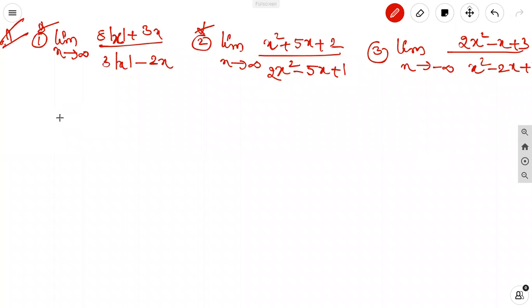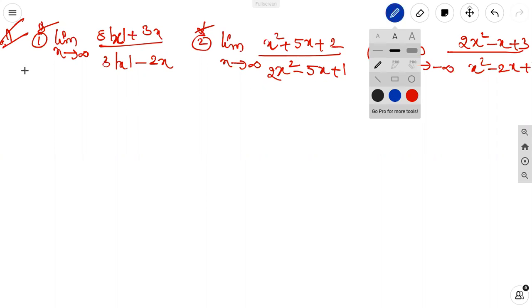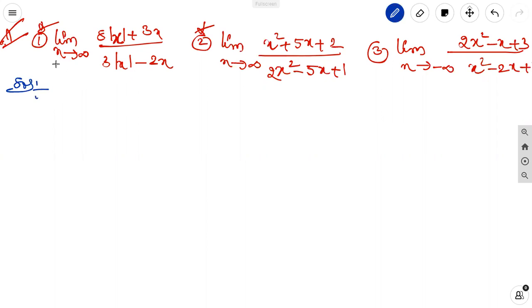In the second bit, the first problem is limit x tends to infinity (8 mod x plus 3x) by (3 mod x minus 2x). The solution: x tends to infinity means x is a positive value, only then it tends to infinity.